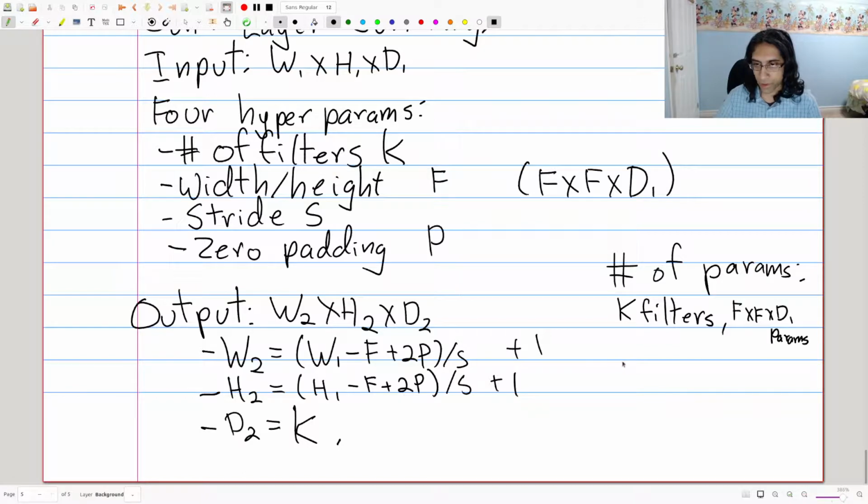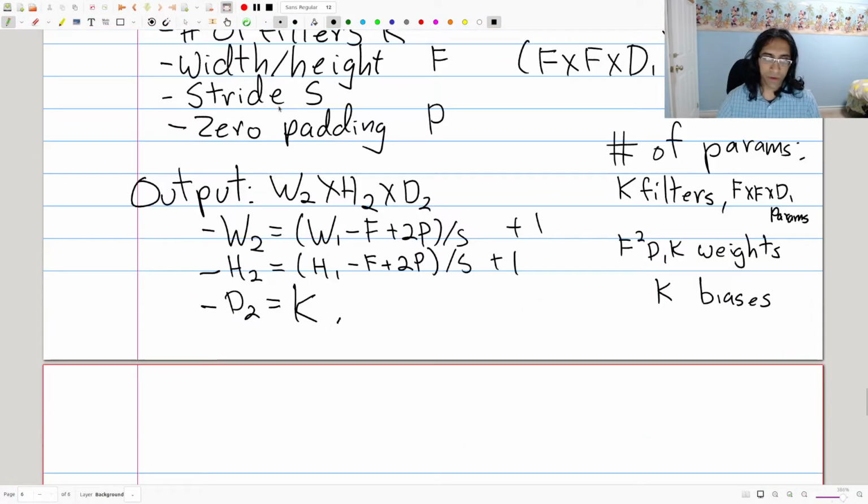So the total number of parameters is f squared d1 k weights. And then recall that we also have a single bias for each filter, so there are also k biases, one for each filter. That's the total number of parameters in one layer with these hyperparameters.